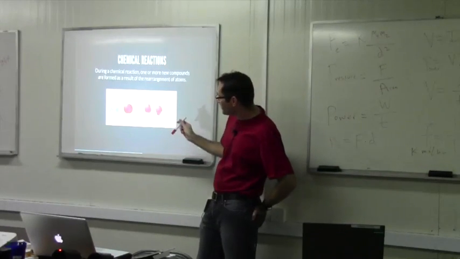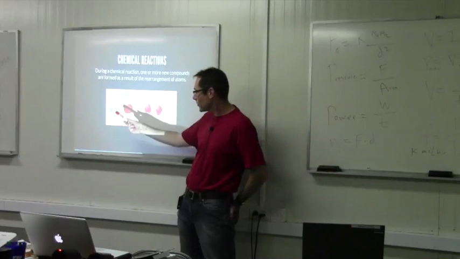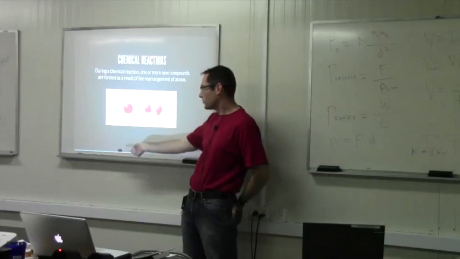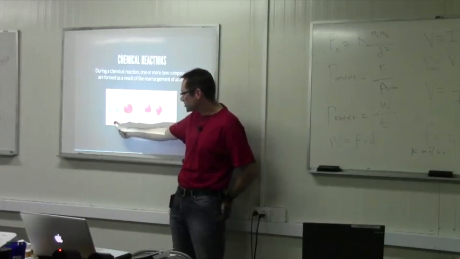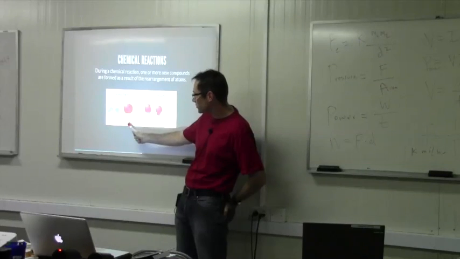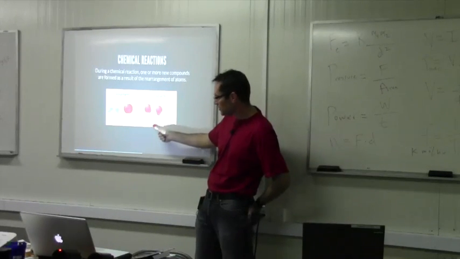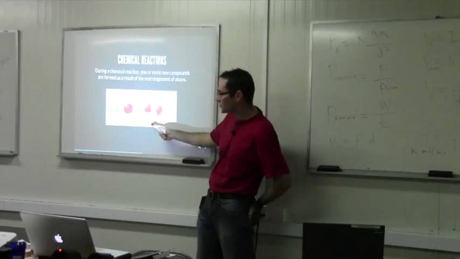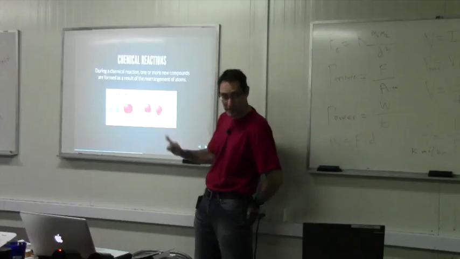Okay? And when we say this is balanced, what we mean is just that. We have the same number of atoms that we started with that we end with. So if you look, 2 H2 plus 1 O2 gives you 2 H2O. I'm sorry, not hydrogen dioxides. Dihydrogen monoxides, right. 2 water molecules.